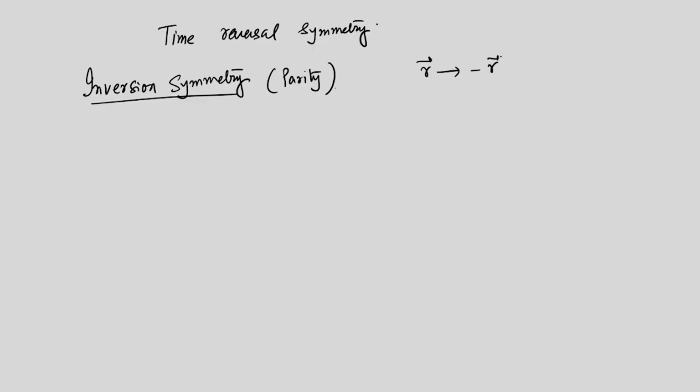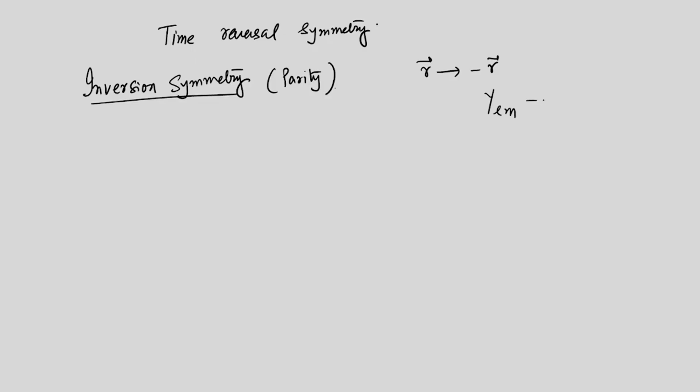That means the magnitude r remains the same, theta changes by a certain angle and phi changes by a certain angle, and that's what is called a parity operation. This you might have learned when you did the hydrogen atom or angular momentum. In fact, you wanted to know the inversion symmetry or parity of the spherical harmonics, and the spherical harmonics pick up a factor of minus 1 to the power L under parity transformation.